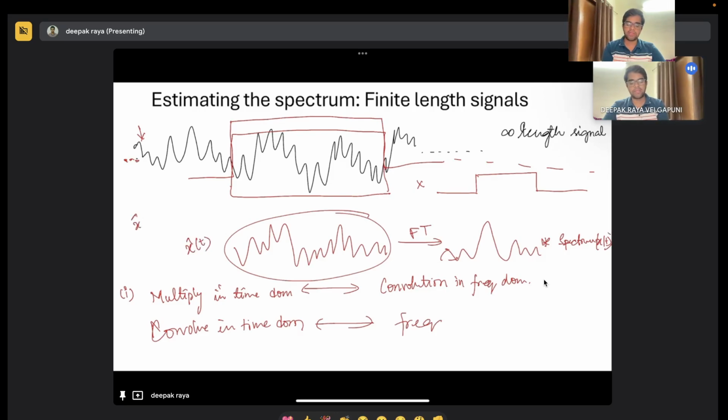So x cap of t is nothing but x of t multiplied by a rectangular function of whatever time period is of your interest. Since we are multiplying, it will be a convolution. We'll get into what a convolution operation is in a bit. So it will not be the exact spectrum that we discussed until now, the one we derived using the integral from minus infinity to infinity. So is it clear why, for a given signal, we estimate a spectrum and not the actual spectrum?